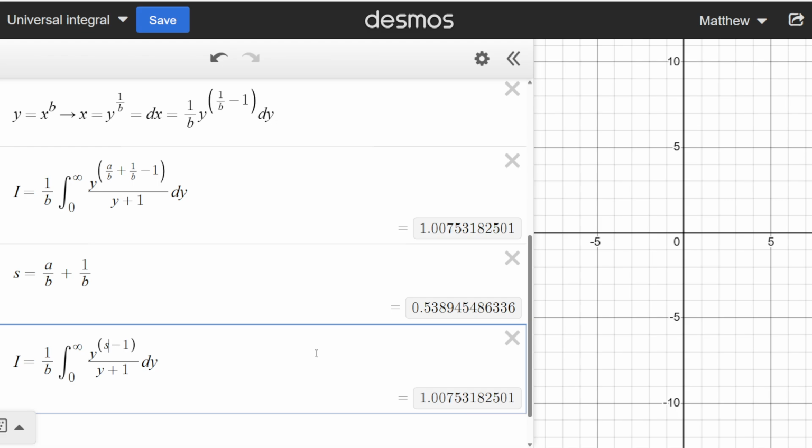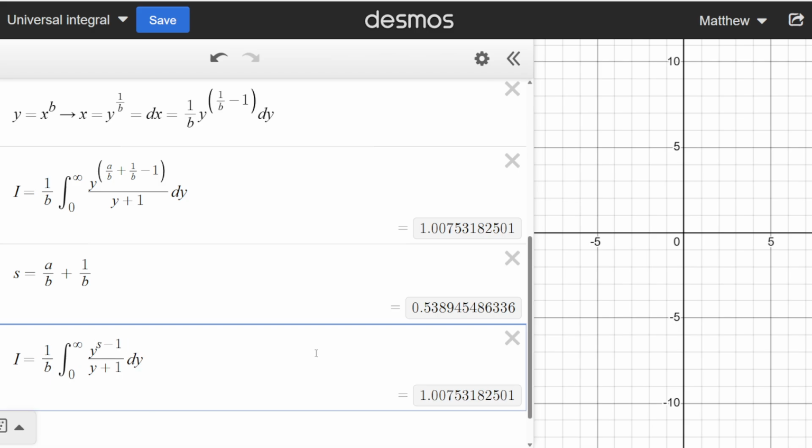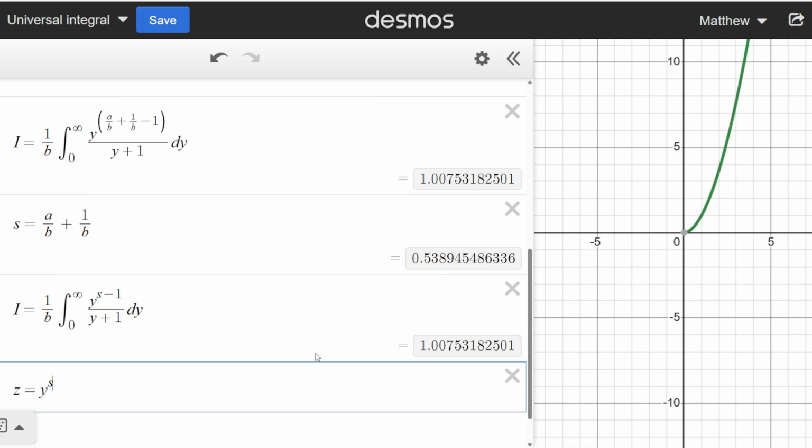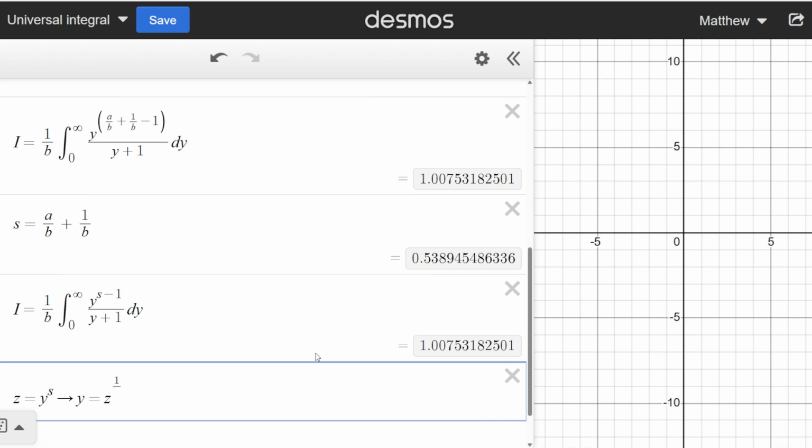All right, what are we going to do now? I think what would work is we're going to let yet another variable, z, be equal to y to the s. So this means that y is equal to z to the 1 over s, right?